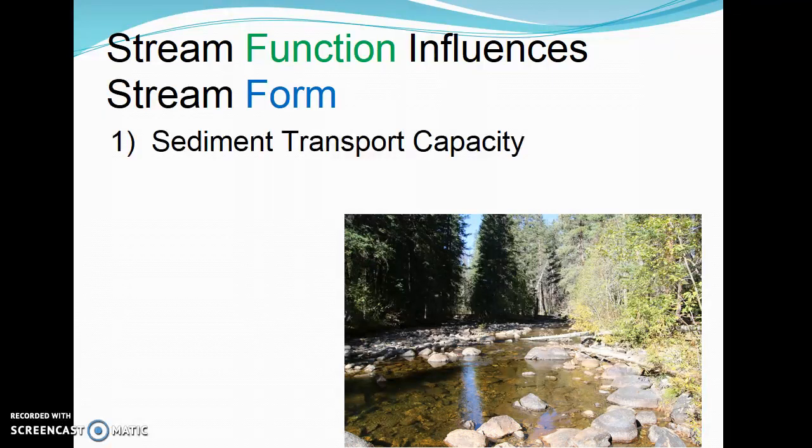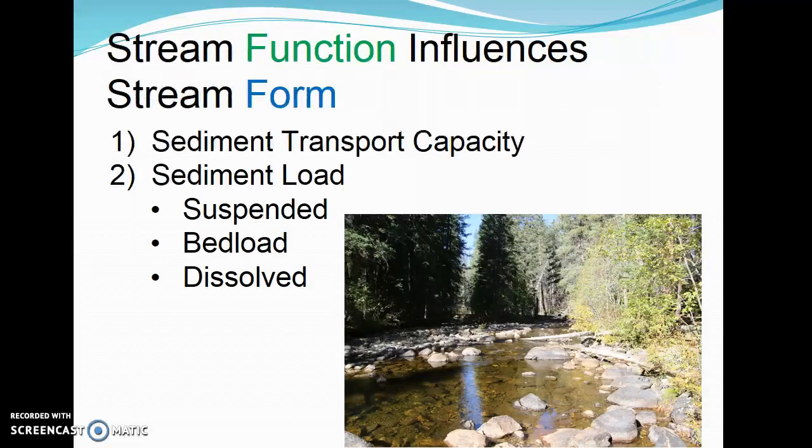So if we're looking at how the function influences the form, we're going to say, well, the sediment transport capacity may influence the shape or the form of the river. And that has to do with the sediment load. Okay, so a suspended sediment load would be any sediment, no matter how big or how small, that is suspended in the water column and therefore moving with the flow of the water at the same speed as the water.